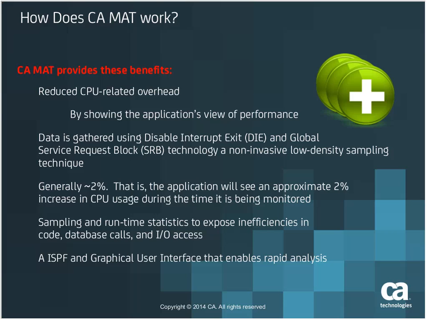So, for example, in DB2, you're going to actually see real CPU numbers and fetches and things of that nature. In CICS, you're going to see the number of times the transaction executed, et cetera.